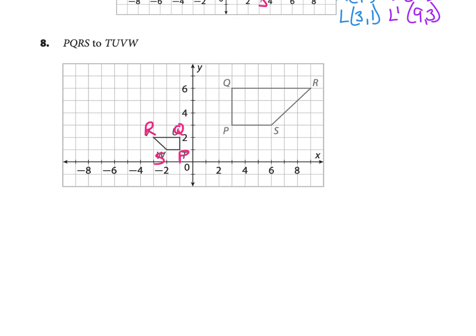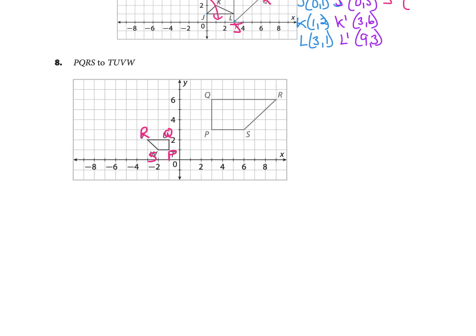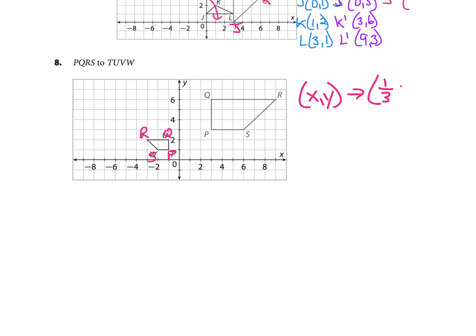All right, so it looks like it's getting smaller by 1, 2, 3, a third. So XY goes to 1/3 X, 1/3 Y. And I can see that because this one is 3 and this is 1.